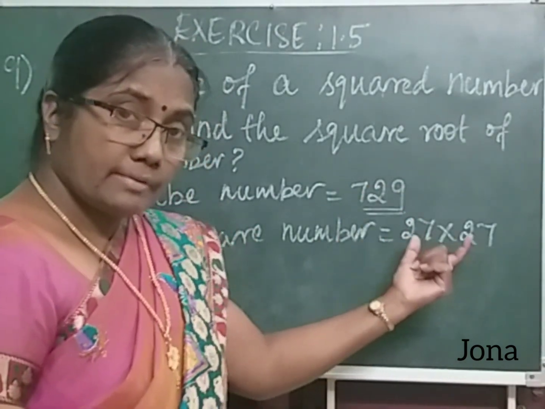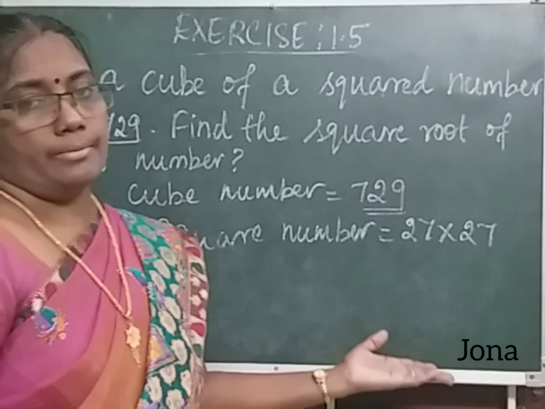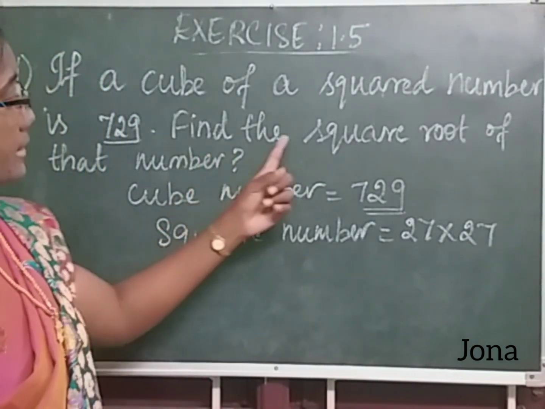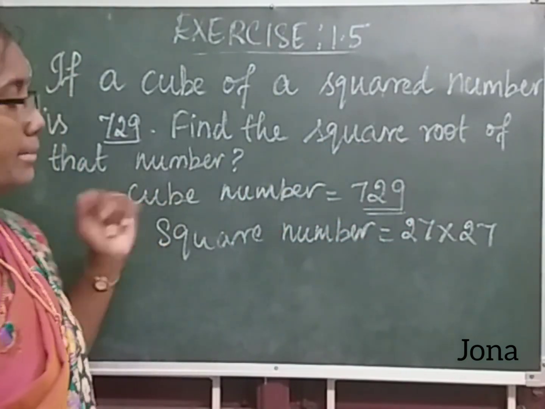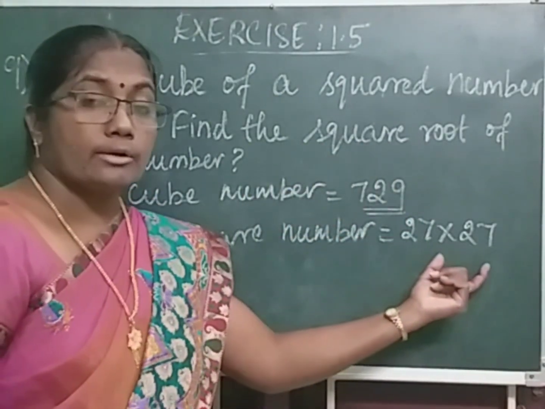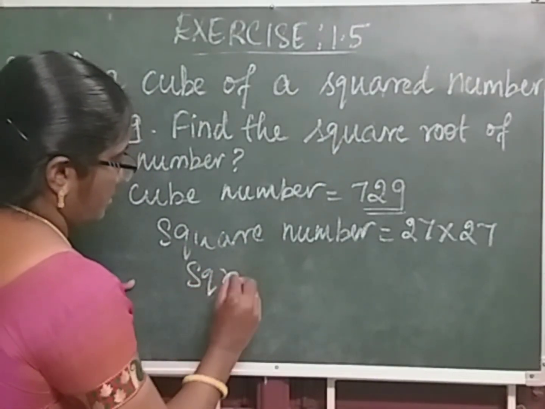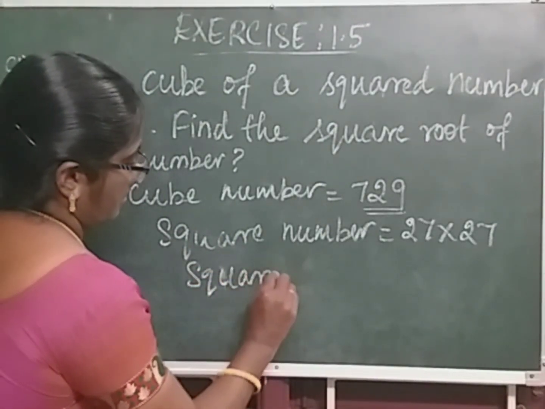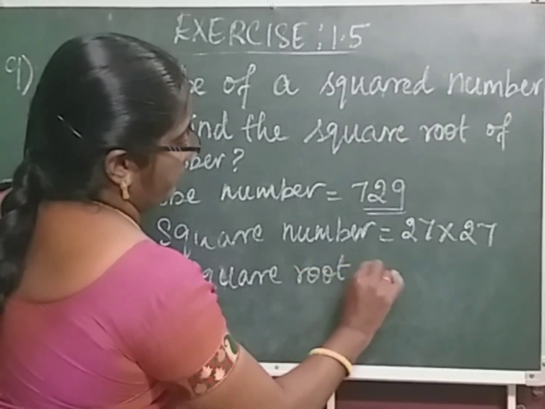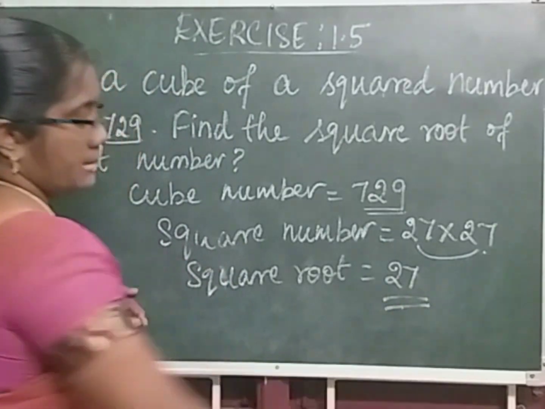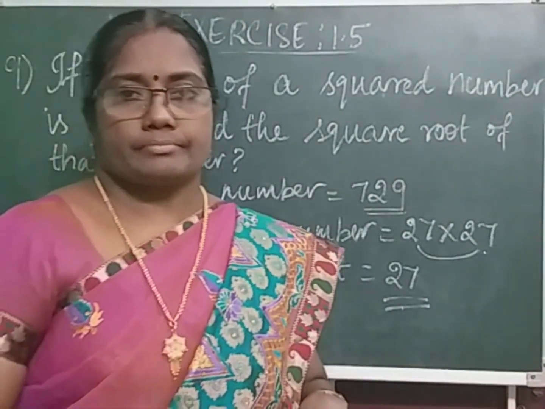This 27 into 27 is nothing but a square number. Isn't it? Okay, but what's the question? Find the square root of the number. We want to find the square root of this number. Therefore, the square root is equal to, for these 2 I want to take one number. So your answer is 27. Did you get it?